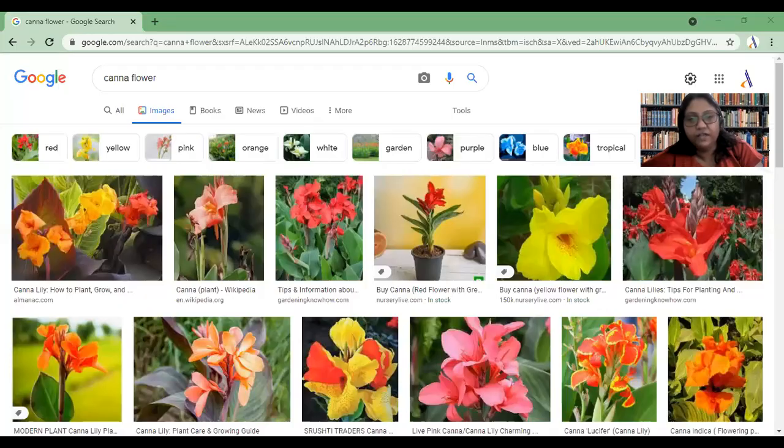Generally, reddish orange color is visible. This is the flower of canna.